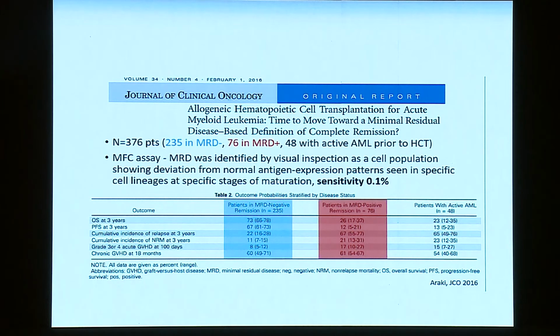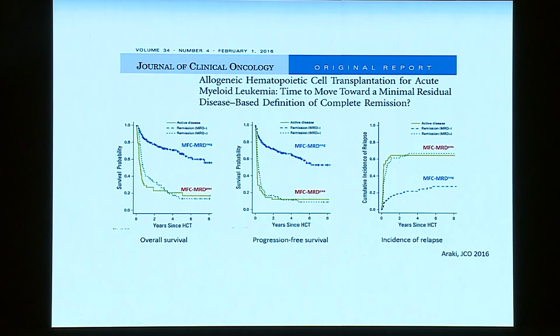So they emphasize that usually the overall survival and progression-free survival is inferior with MRD positive compared to MRD negative. And it is really clear here in the Kaplan-Meier that MRD negativity is superior in outcome if you came for transplant.